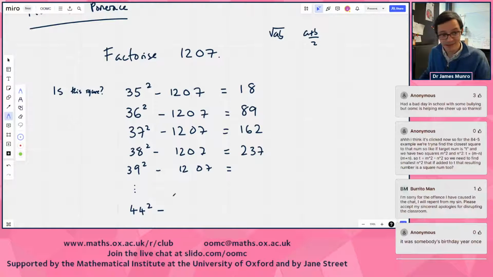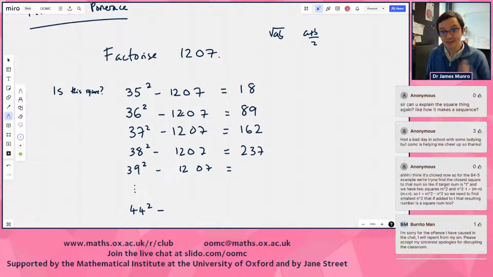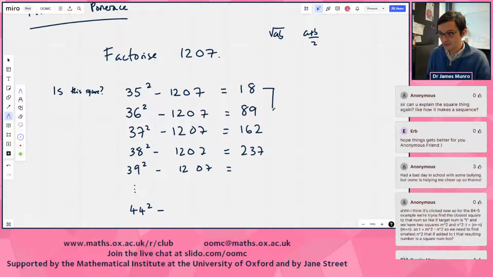So, we need an improved thing. Oh, do you want the square sequence again? So, square sequence. The difference between the first line and the second line is, well, plainly, 71. The difference on the left, to go from the top line to the second line, because all I'm changing is trying a different square for the big square. What I've done is I've gone from 35 squared to 36 squared.